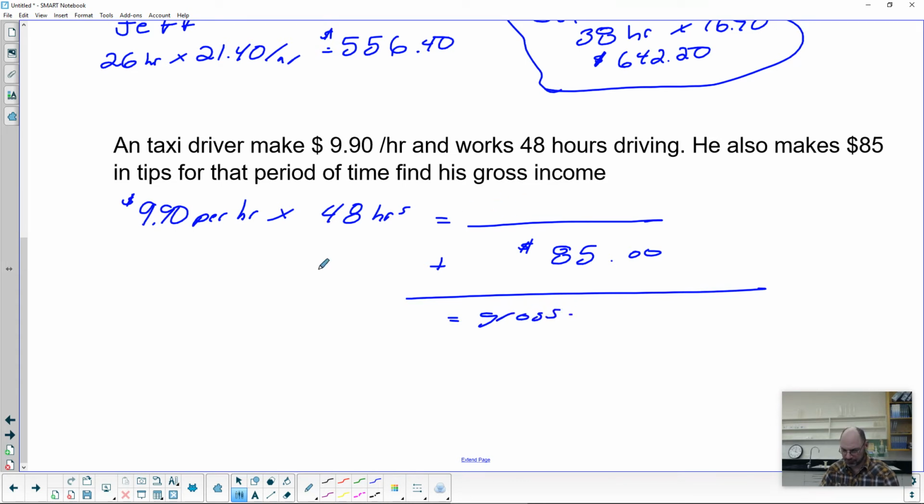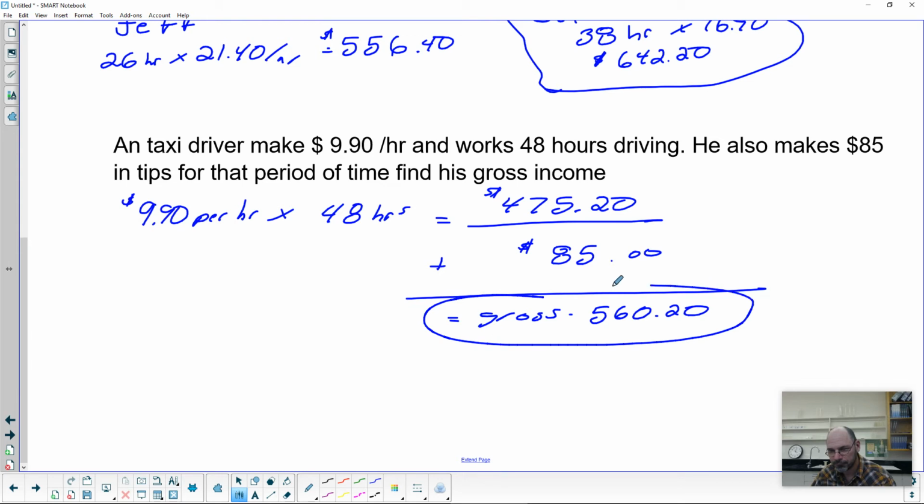Okay, so let's do this one, 9.9 times 48. That's $475.20. Then we add his tips, $85 in tips. So he gets $560.20 in total gross income, because he had some tips as well.